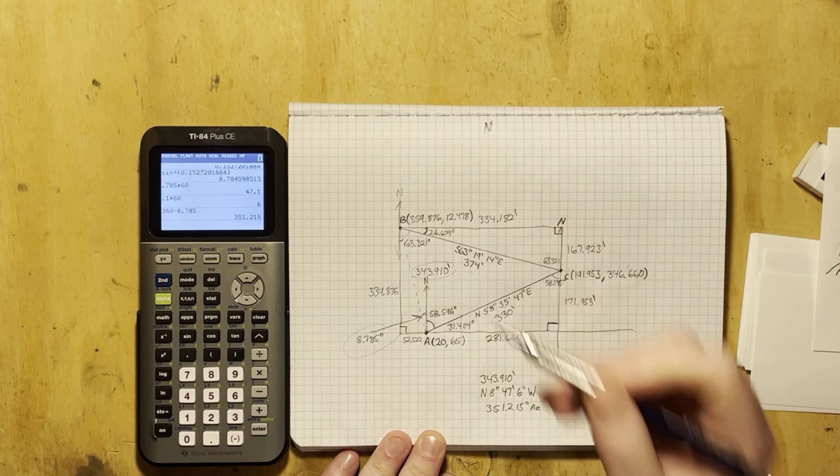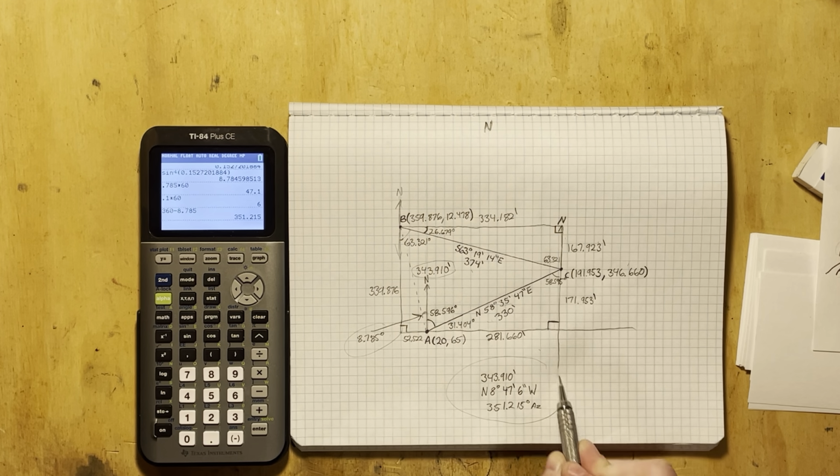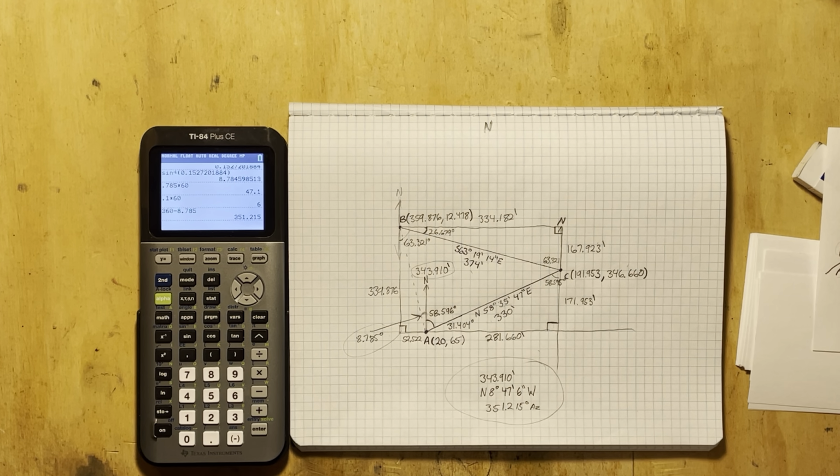So the line between A and B has bearing north 8 degrees, 47 minutes, 6 seconds west, azimuth 351.215 degrees, and has a length of 343.910 feet. So if that's all you needed help with, you can go ahead and turn off the video now.